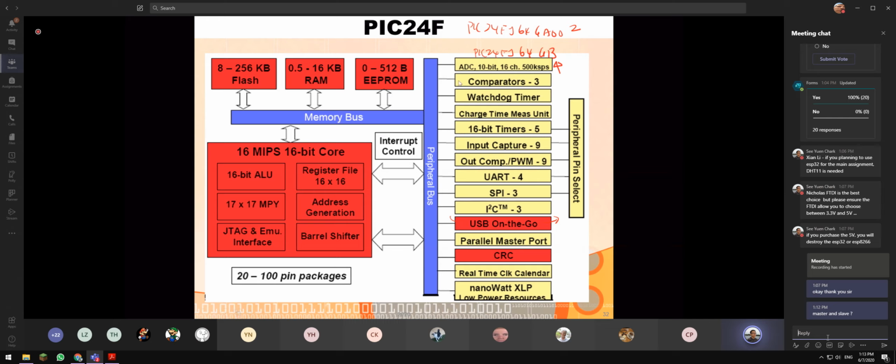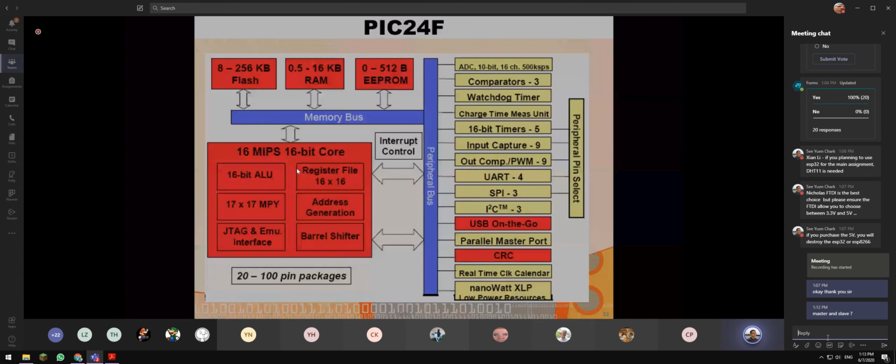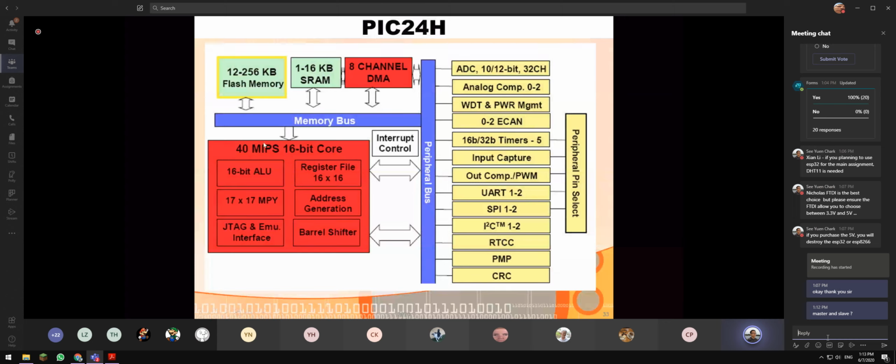So remember, only GB variants can support OTG. Whereas a PIC24E means it's high speed, it's faster. Instead of 16 million instructions per second, it can go up to 40 million instructions per second. It is definitely faster. Okay.